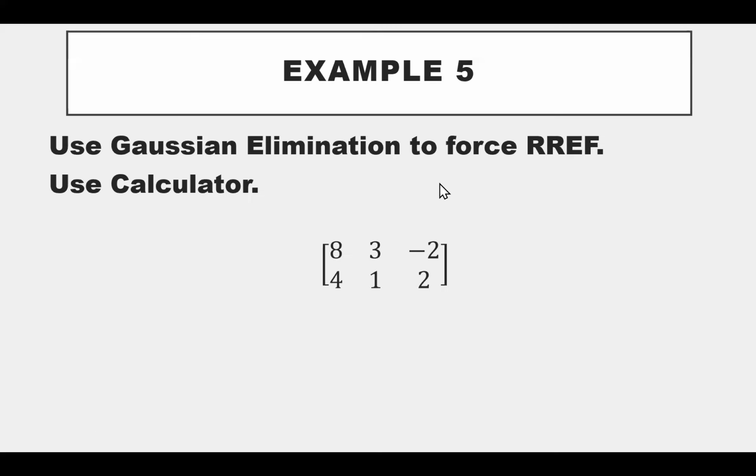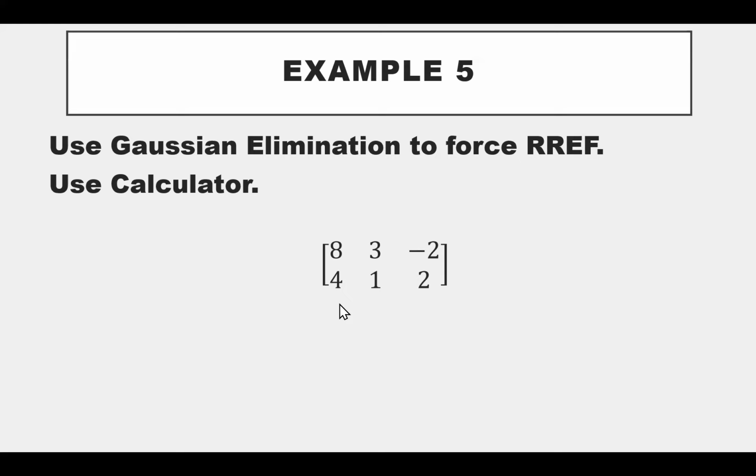But there's a really nice thing: if you have a TI-84 calculator, it turns out there is a way to do Gaussian elimination and just ask the calculator for the row-reduced echelon form. And when you do that, all we have to do is take RREF of this matrix, and our calculator will spit back the row-reduced echelon form of that matrix.